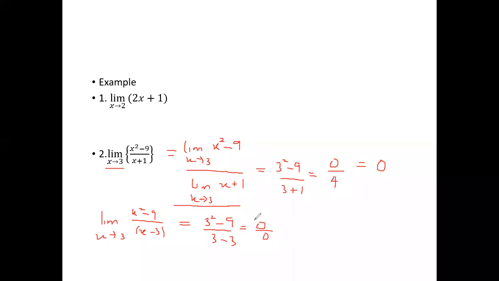Now 0 over 0 is an indeterminate form, and we do not want to see that. Because of that, we will have to find a way to reduce the original question that was given. Now let's see if that is possible, if we can reduce the original function.